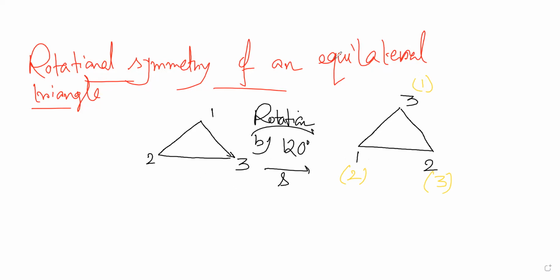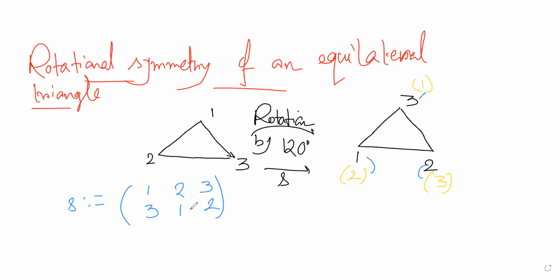So if I write it down in the proper manner, first 1, 2, 3, 1 goes to 3, and 2 goes to 1, and 3 goes to 2, right? This is my S change. 1 becomes 3, 2 becomes 1, and 3 becomes 2.